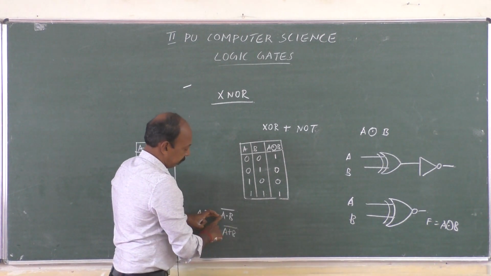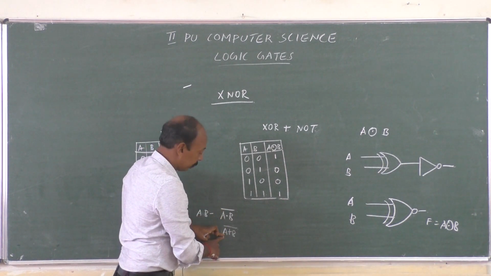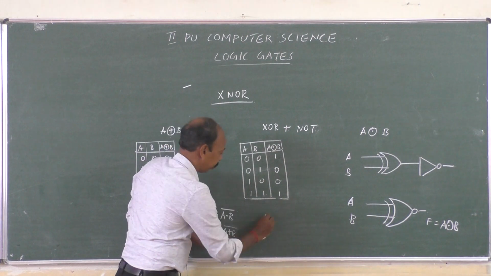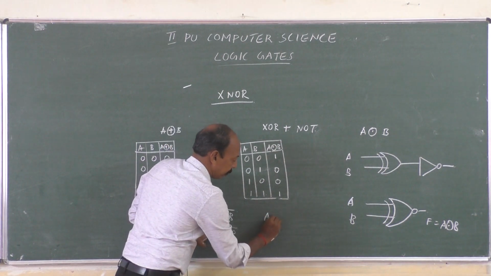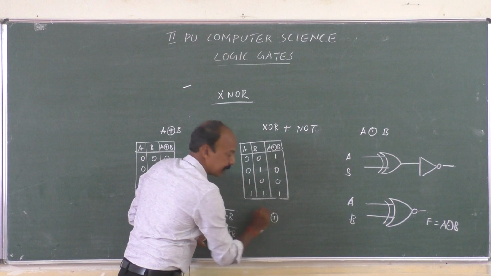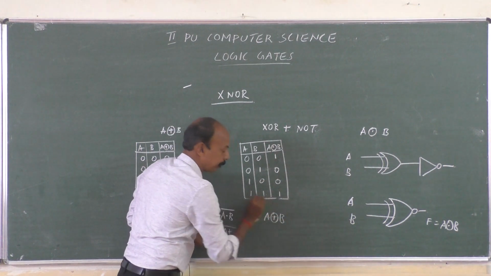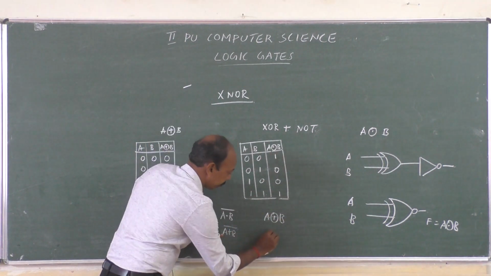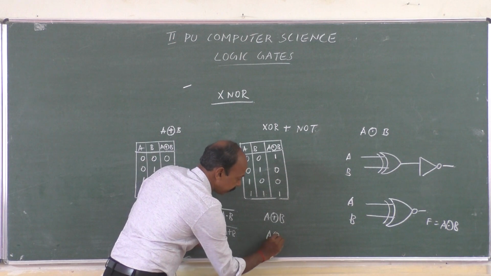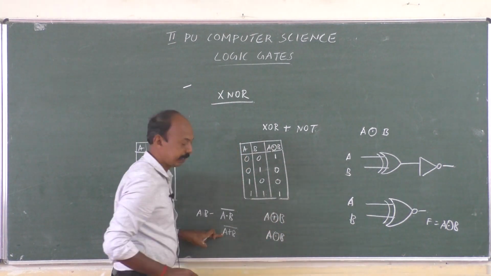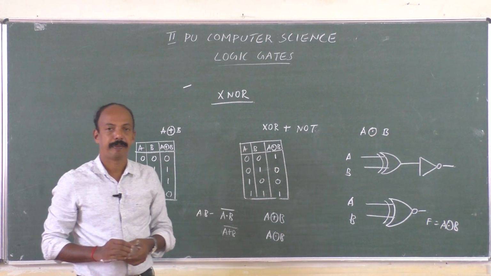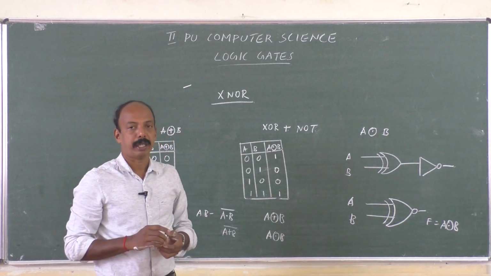That's for NAND and NOR. What about XOR? XOR will be A plus, written inside a circle, B. XNOR is A dot inside a circle B. These are the representations, and can be asked for 1 mark.